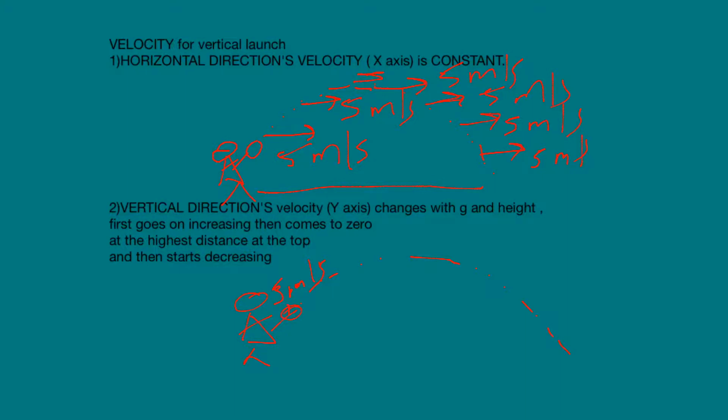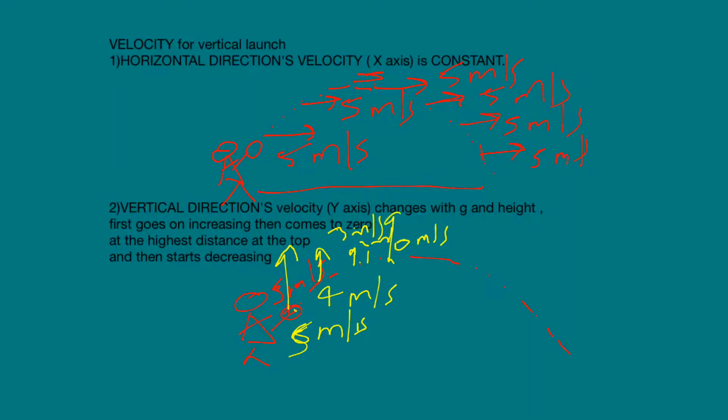So at this point the velocity will be 5 meters per second. Then later on it will decrease to 4 meters per second, then 3 meters per second, then 2 meters per second, and at the top it will become 0 meters per second in the y direction, because upward it is not moving. Now it will fall down.